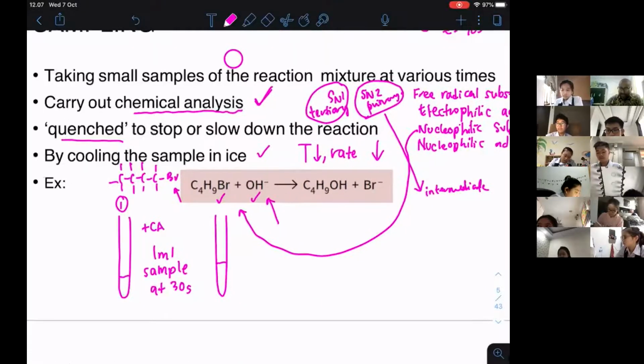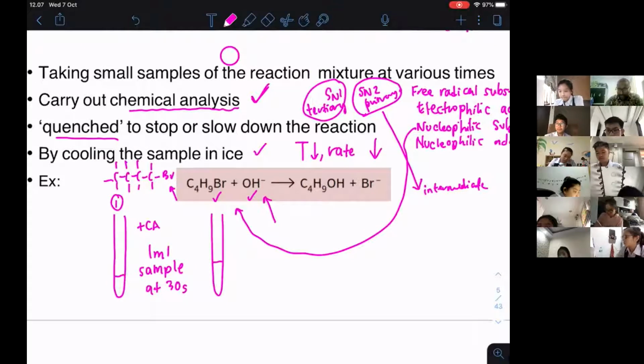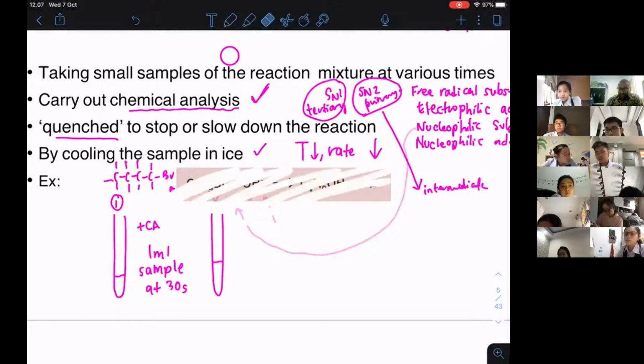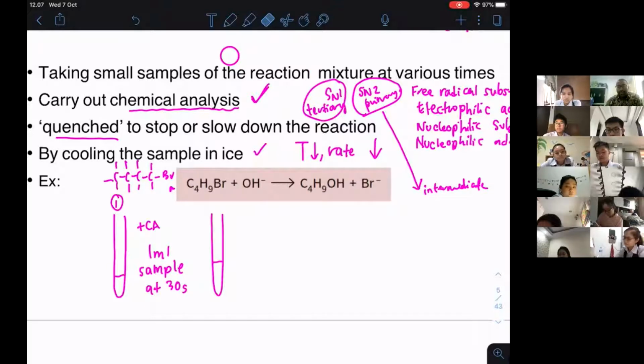What we can do, for example, when we take this sample, we are going to have so many things over there. So I can use chemical analysis to find out, for example, the concentration of Br.